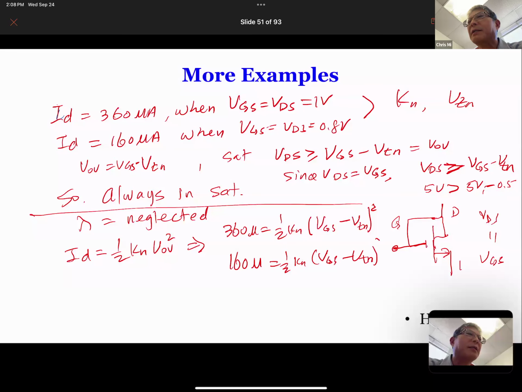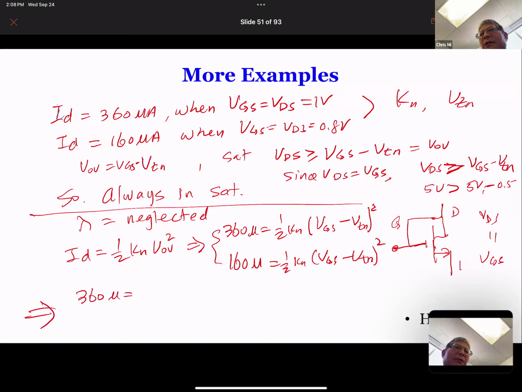It's the same equation, so we're going to transfer them over here. One is 360 micro times 1/2, with VGS as 1 minus VTN, which is not given.